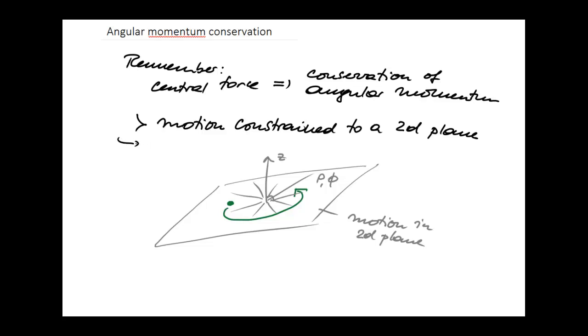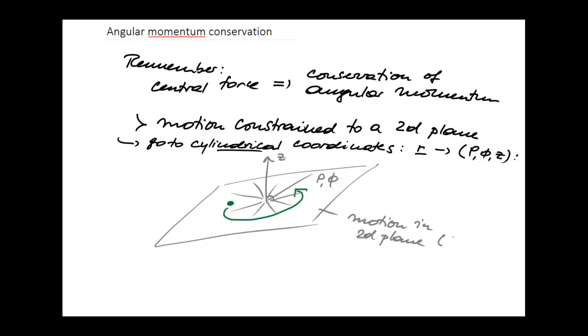So the idea here is that we go to cylindrical coordinates. The two-dimensional plane, as I said earlier, corresponds to z equal to 0. So we change the z-axis in such a way that the motion is in the plane where z is equal to 0.